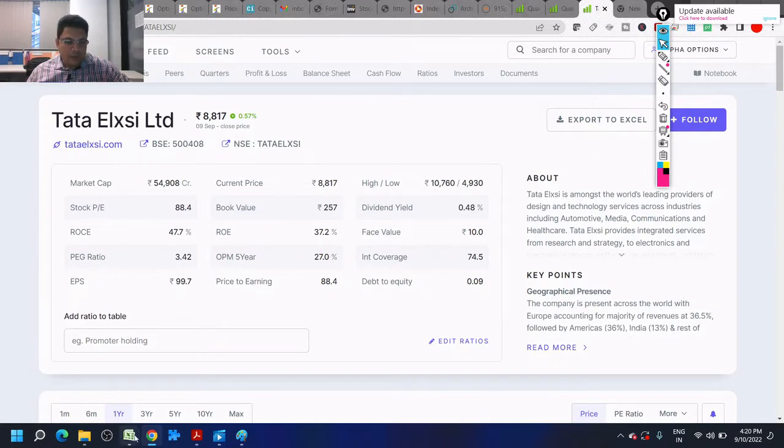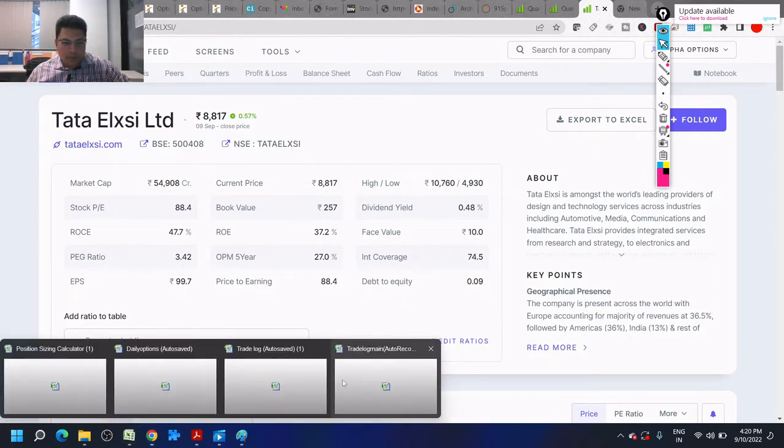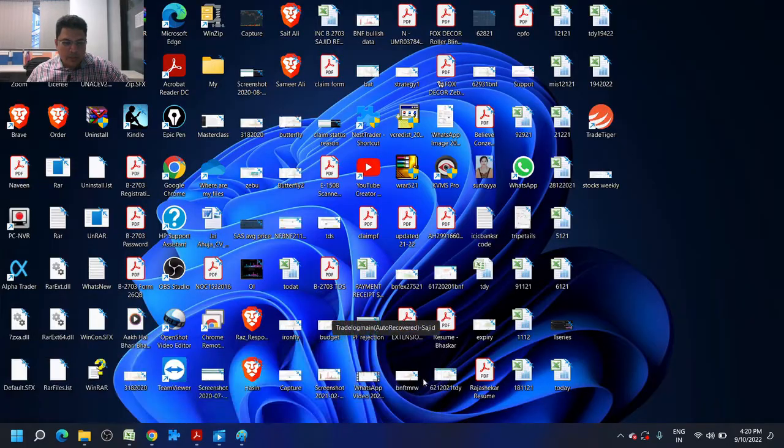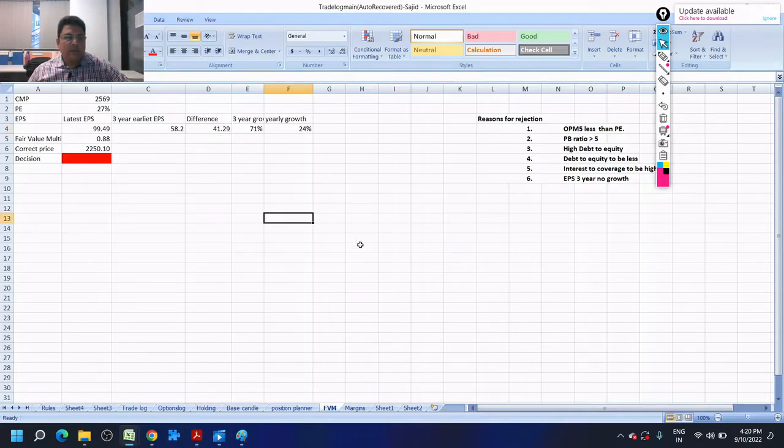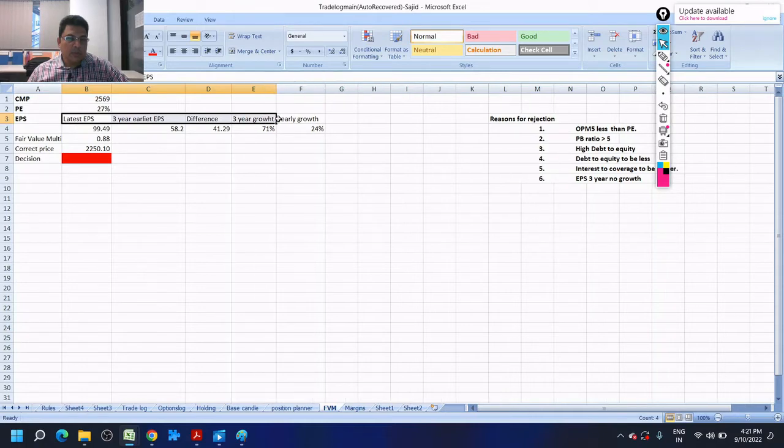Have your Excel open. I'm going to show you the Excel which I have created. So what are the things you need? You need the current market price, you need the PE ratio, you need earnings per share. In this you need the latest EPS, you need the EPS from 3 years before, the difference, the 3-year growth, and the yearly growth is going to come from a formula.